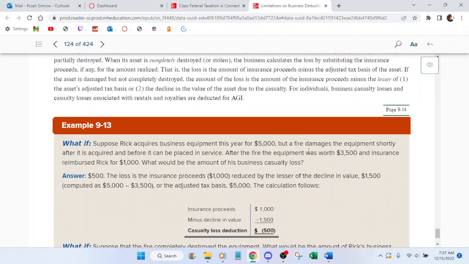It says you subtract the lesser of the tax basis or the decline in the value of the asset.